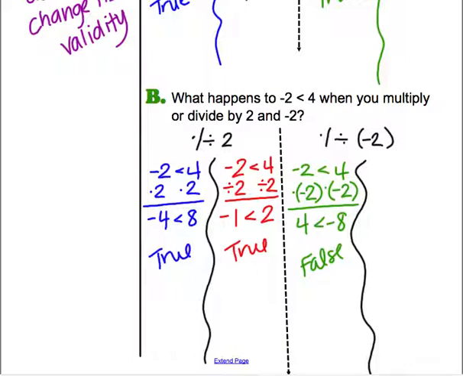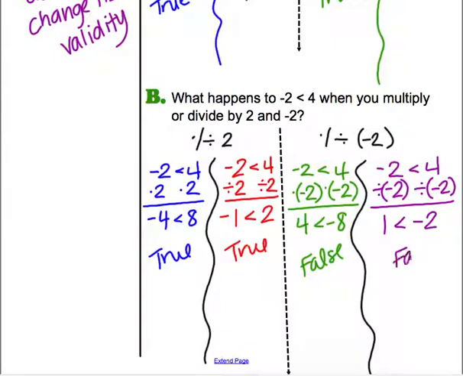Now, before we get into talking about this, let's take a look at -2 less than 4, and I'm going to divide by -2. And I get 1 is less than -2. This is also a false statement.